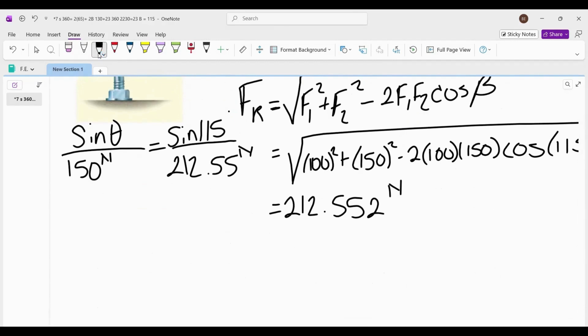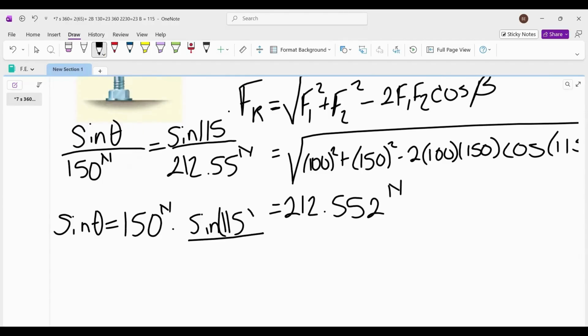So from here, we're just going to solve for this. We're trying to get theta by itself. So we are going to multiply by 150 on the other side just so we could get sine by itself. So sine of theta is equal to 150 newtons times sine of 115 all over 212.55 newtons.